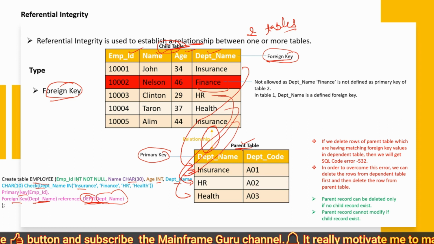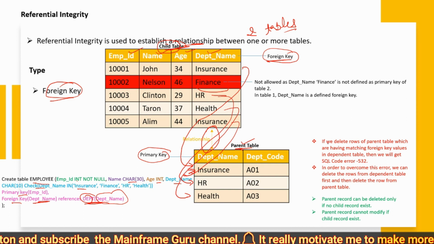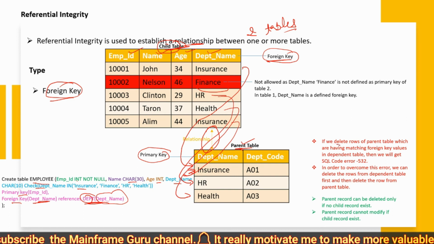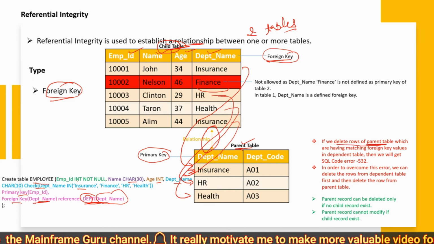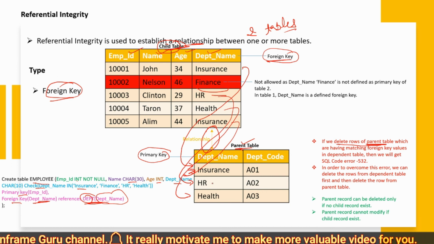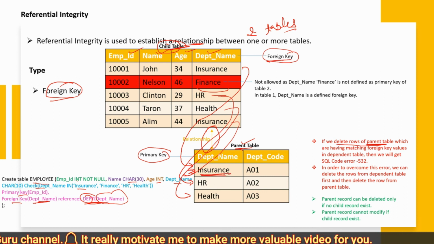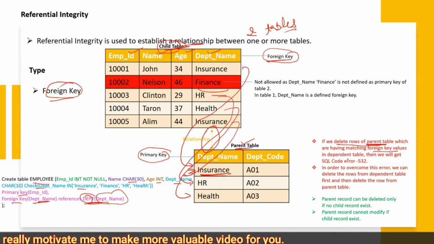And there are some rules, like if we are going to delete a row of a parent table. Okay, like I am going to delete the insurance row. Okay, so which are having matching foreign key value in dependent table, means child table, then we will get SQL code minus 532.